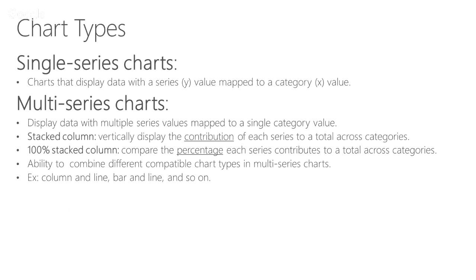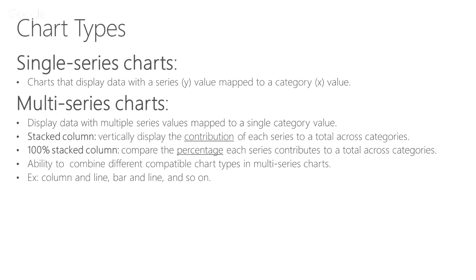You have 2 or 3 different values on the x-axis and the same for the y-axis. You have a stack column chart, which is comparing 2 different things on a single series. And then you can also do a 100% stack column chart, and that shows you the percentage as a whole and how each series contributes to it.